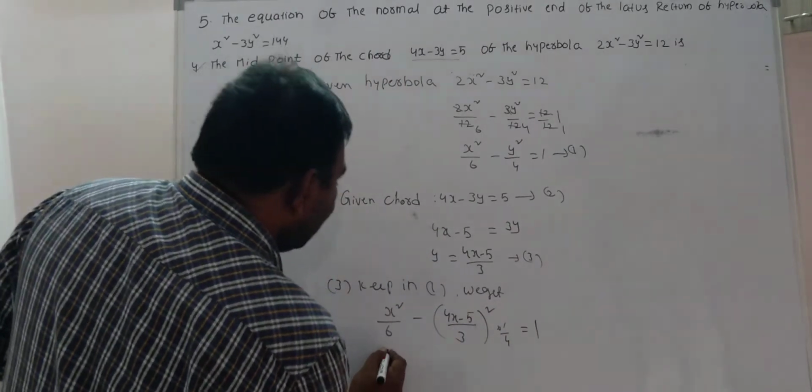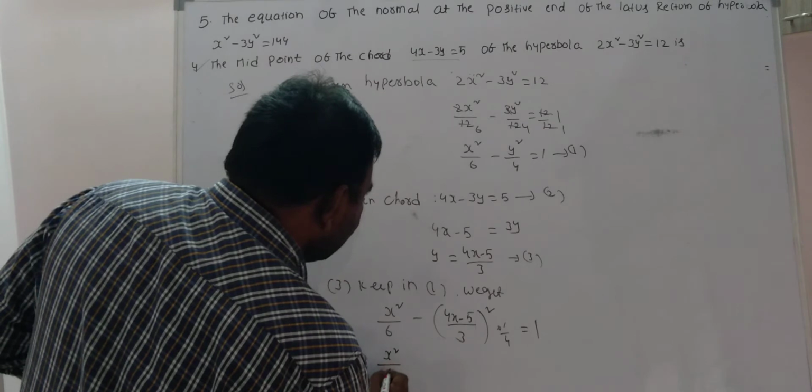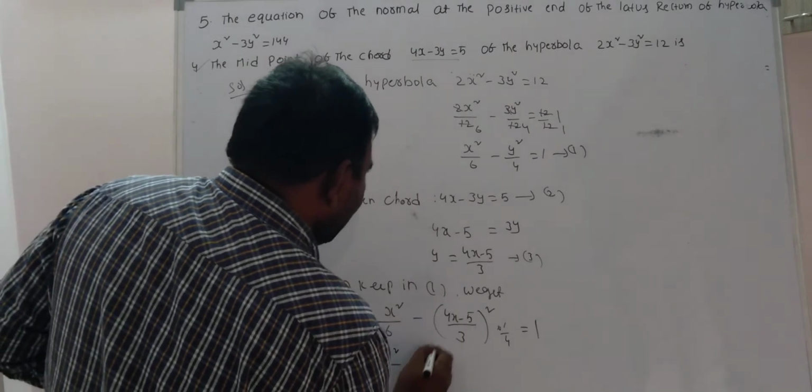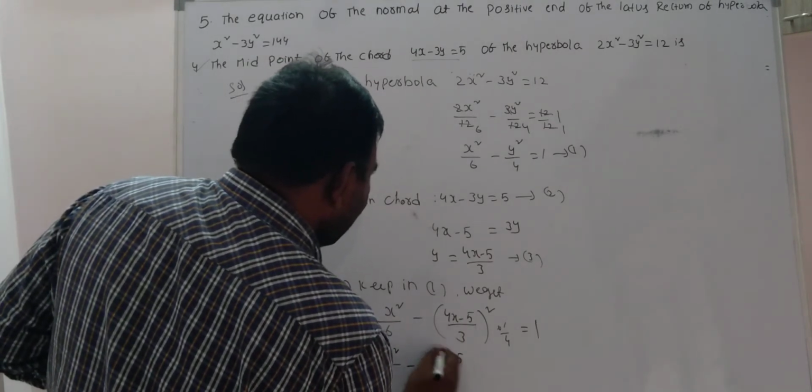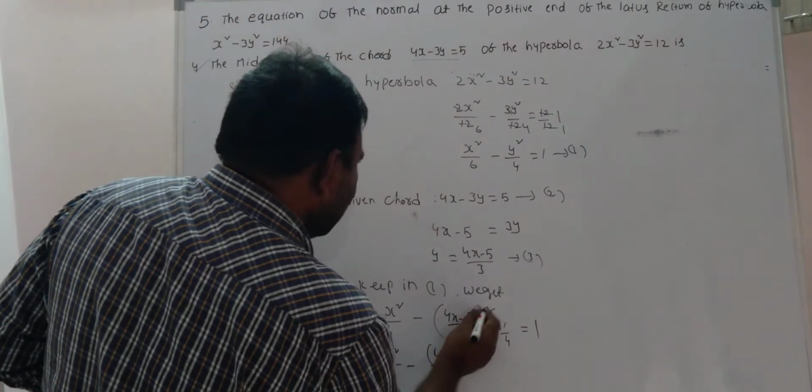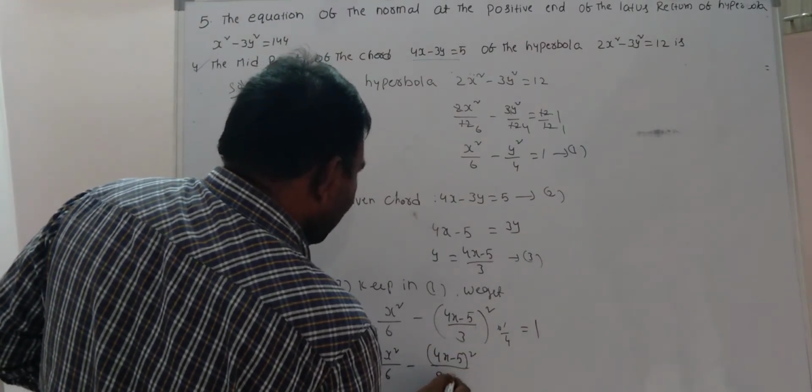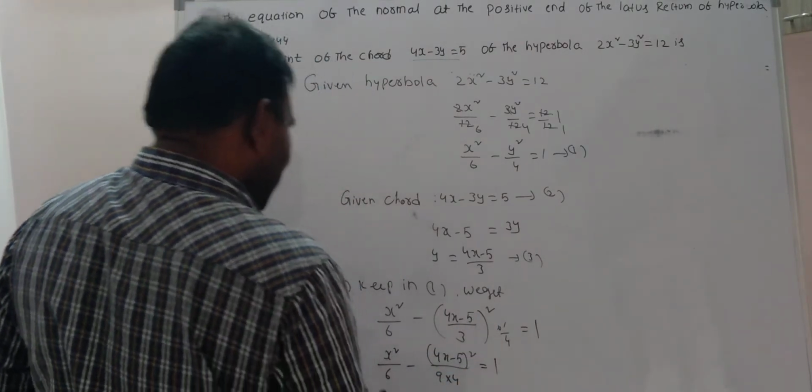So here x square by 6 minus 4x minus 5 whole square by 3 square, which means 9, into 4 is equal to 1.